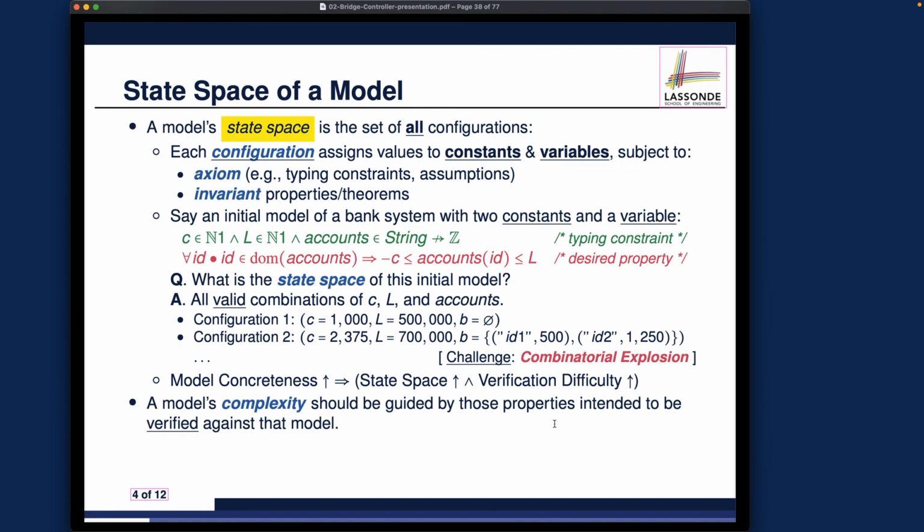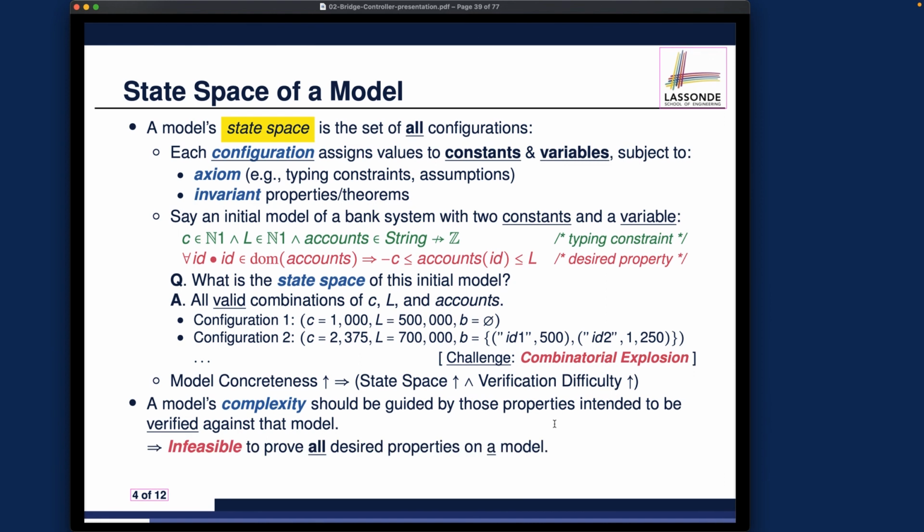So those are the final two points I want to mention. Number 1, it would be infeasible to try to prove all the desired properties on one model, in which case your state space will be way too large to even prove. Number 2, it would be feasible if you can distribute the desired properties over a list of refinements, which is something we'll see for the bridge controller. All right, and starting from the next part, we're going to talk about the roadmap of how we're going to construct models for our bridge controller.